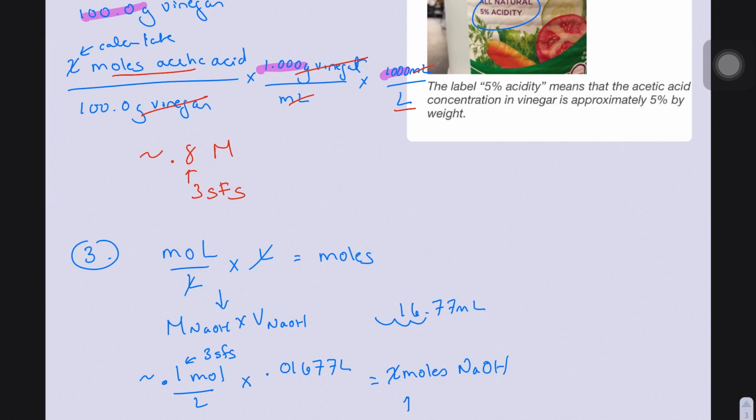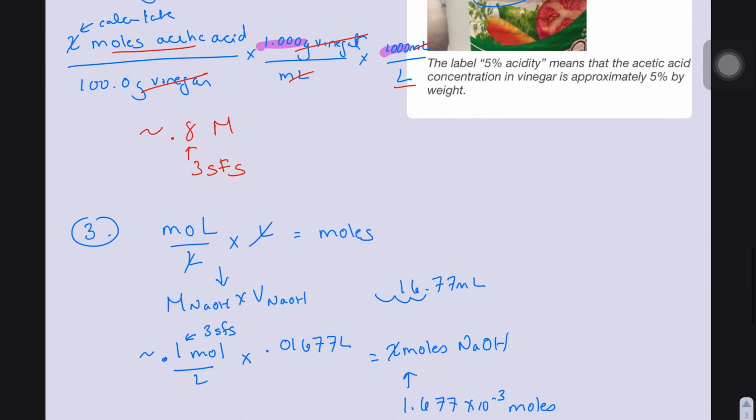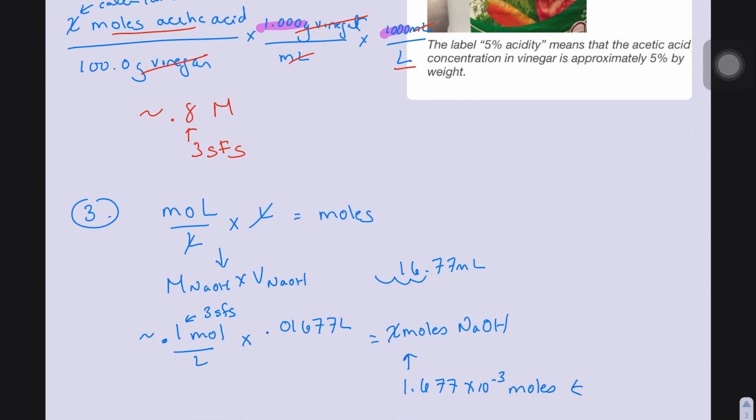So for this trial, this answer is going to be somewhere around 1.677 times 10 to the minus 3 moles. This answer should have 3 sig figs, however, because our concentration is going to have 3 sig figs.